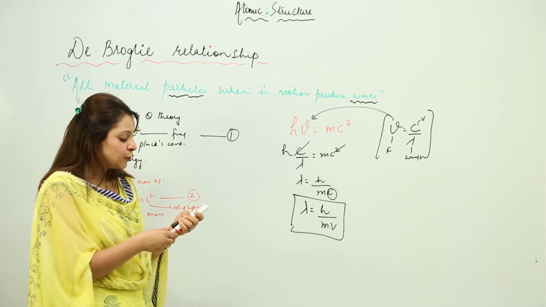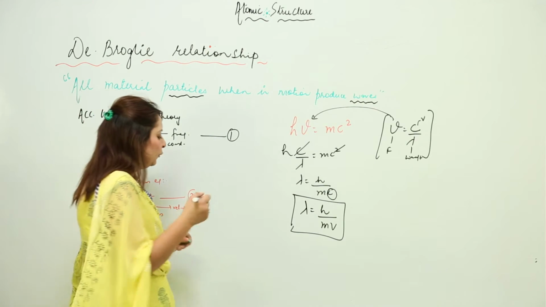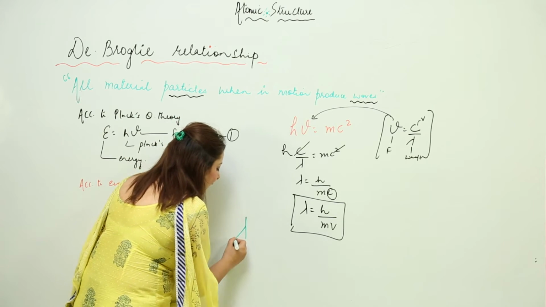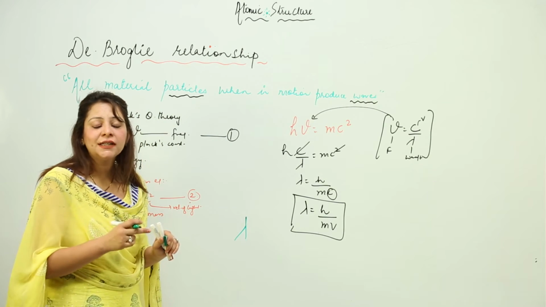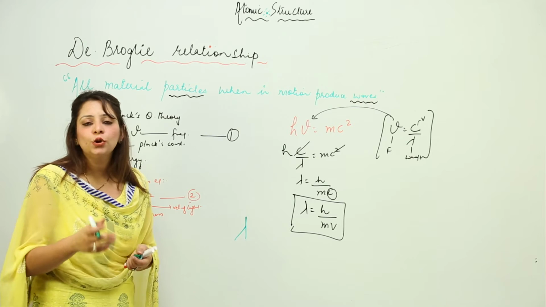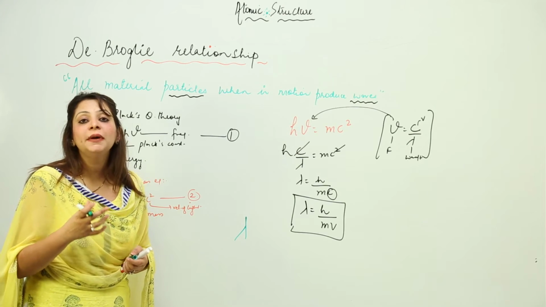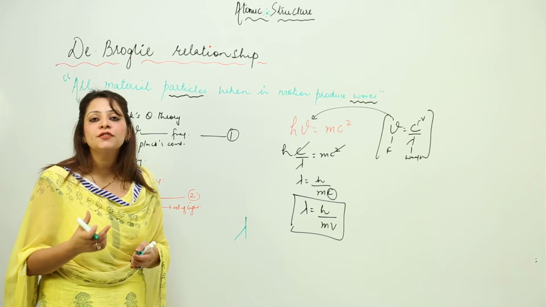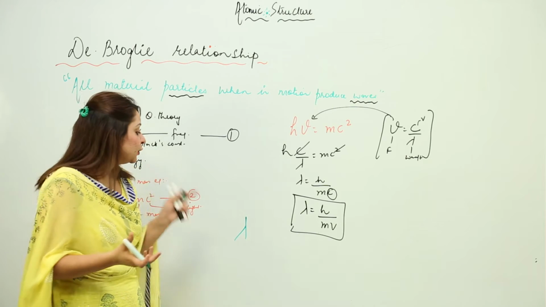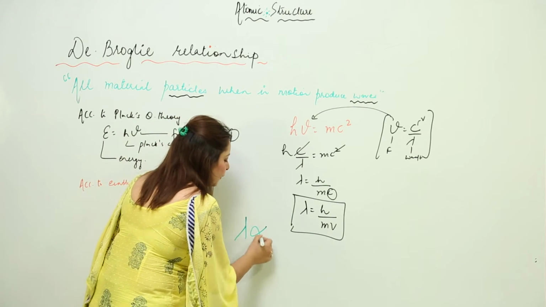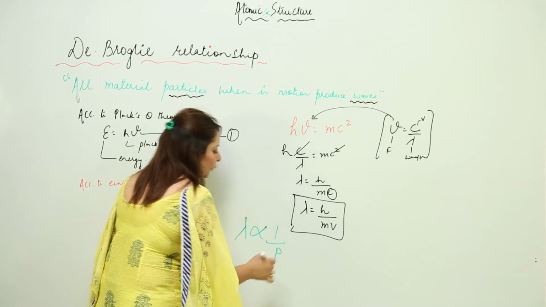So what do we conclude from this relationship? We conclude that lambda, the wavelength produced by the particle when it is in motion, is inversely proportional to the momentum of the particle.